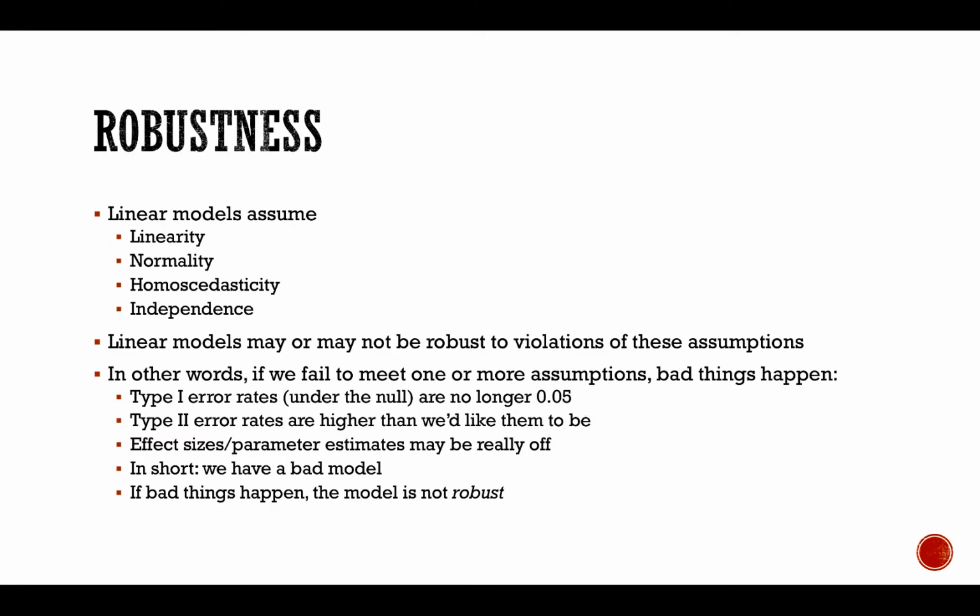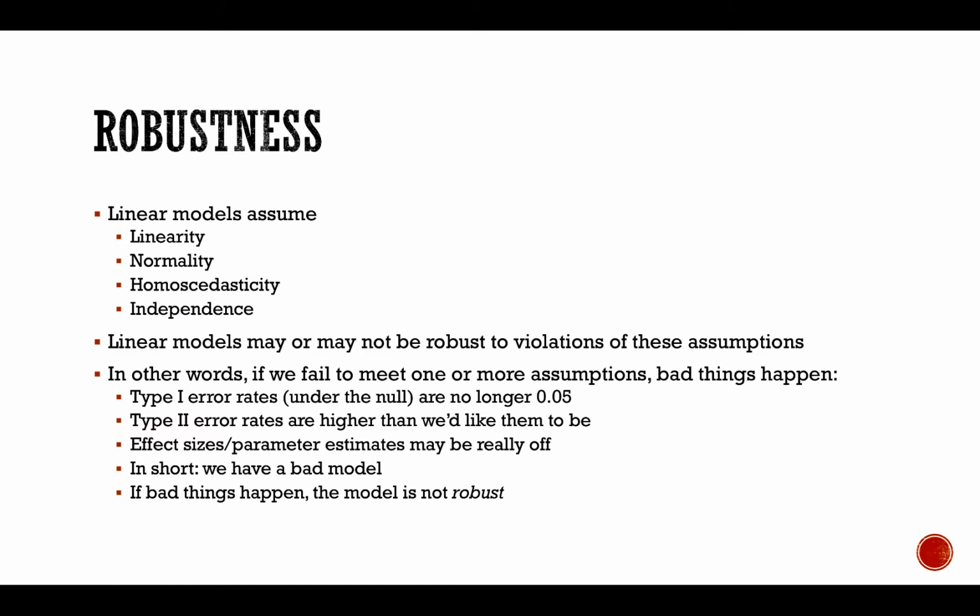All right, so robustness. Linear models, when we use them, they assume linearity, normality, homoscedasticity, and independence. So linear models may or may not be robust to violations of these assumptions. That's the problem. If we fail to meet one or more of these assumptions, bad things can happen. Like Professor Fife said, type 1 error rates under the null are no longer 0.05.